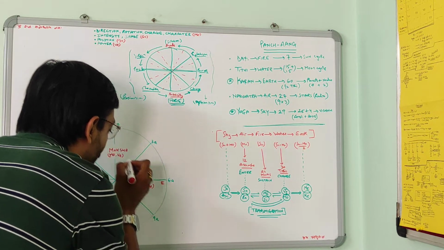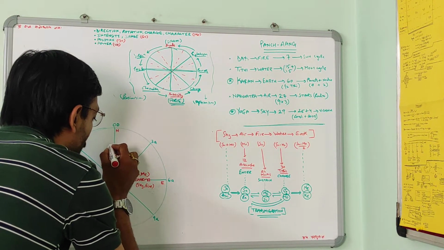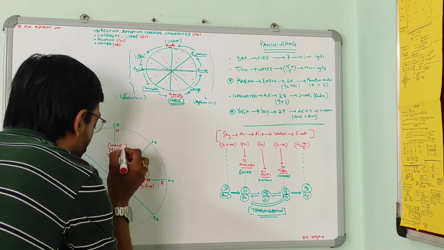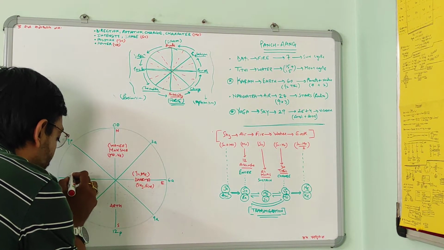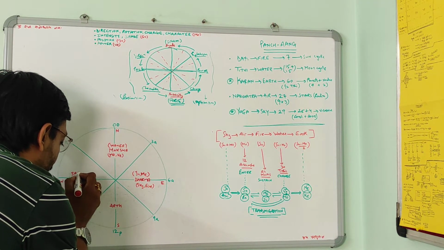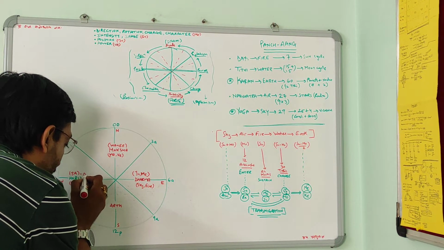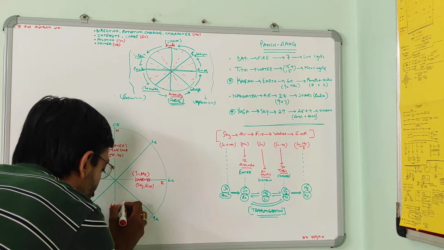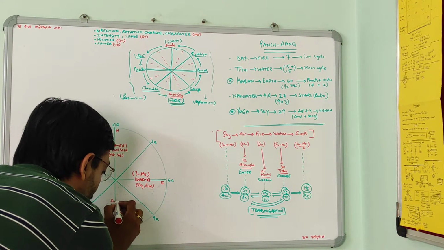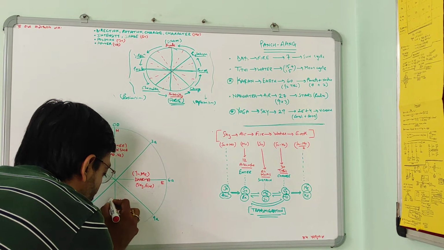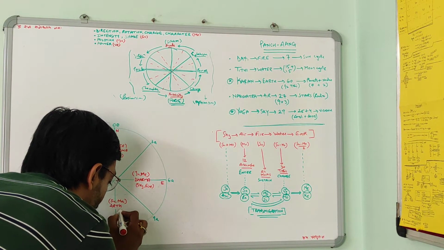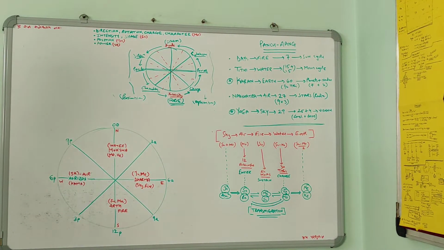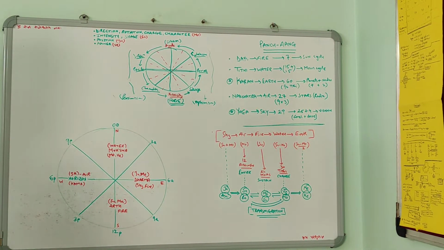And over here we can write water. Similarly, over here there is Saturn, which is air. Over here there is Earth, Sun, and Mars, which is fire. So this is the normal Kaalchakra.